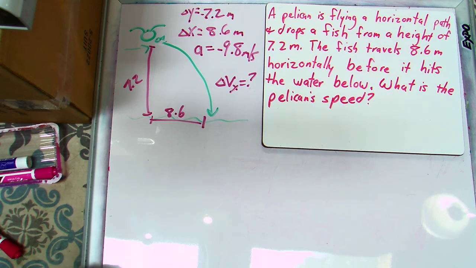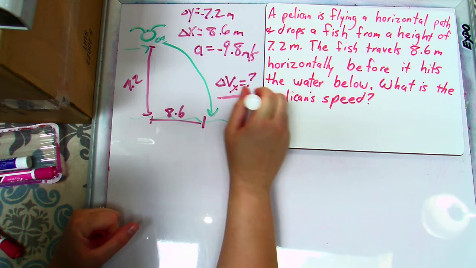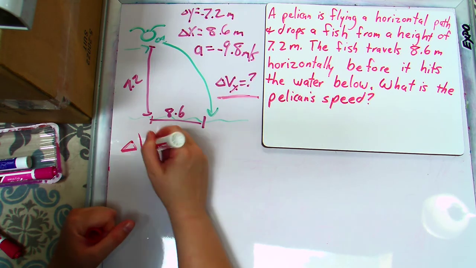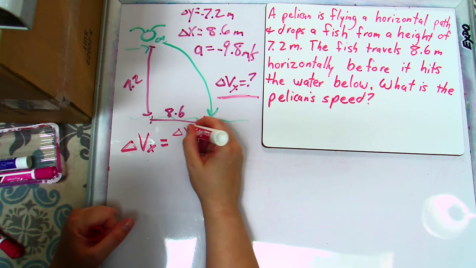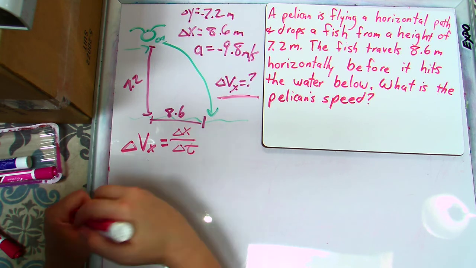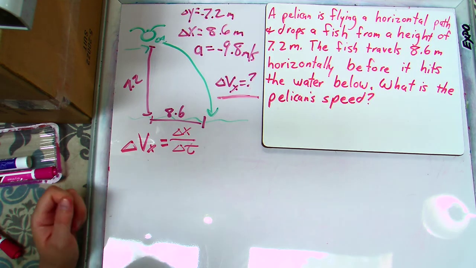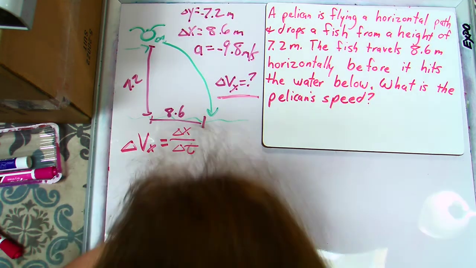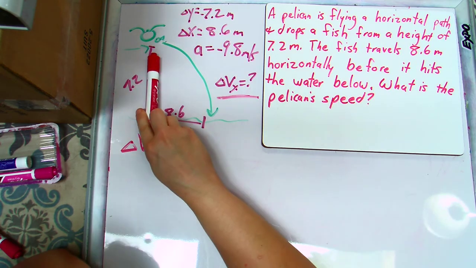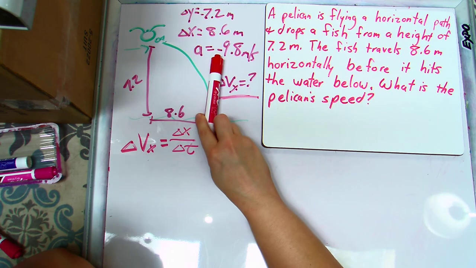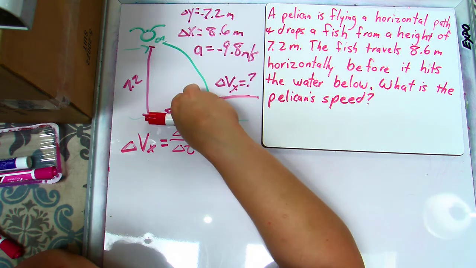And again, the reason for that being is the way to find this is going to be this equation here. Delta Vx equals delta x over delta t. I know the x, I want to solve for v, but I don't know t, so I need another equation. The time it took the fish to move from here to here is the same amount of time it took the fish to move from here to here.